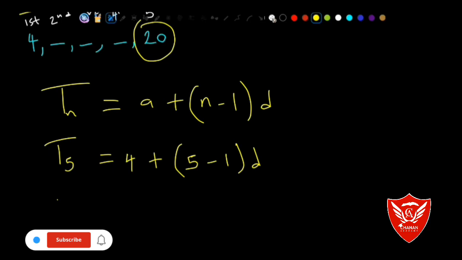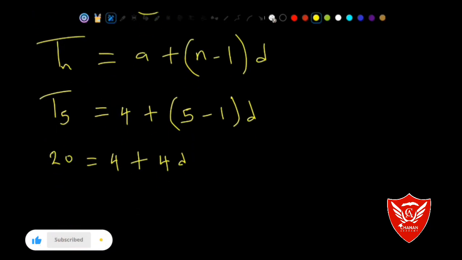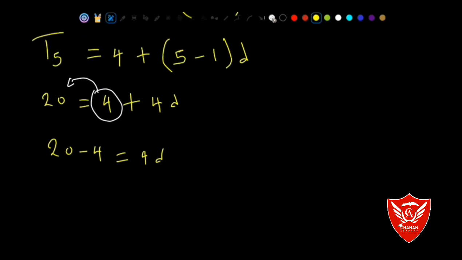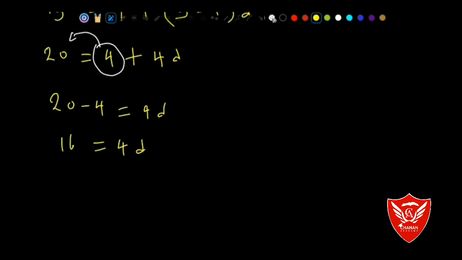So 20 is equal to 4 plus, now 5 minus 1 multiplied by d, we are going to have 4d. From this point, to take 4 to this other end, we are going to have 20 minus 4 equal to 4d. So 20 minus 4, we are going to have 16 equal to 4d. So for us to find the d, we divide both sides by 4.